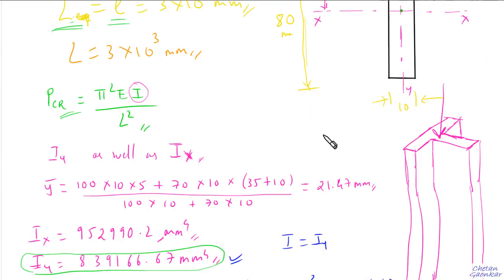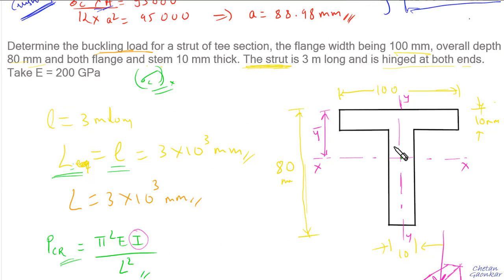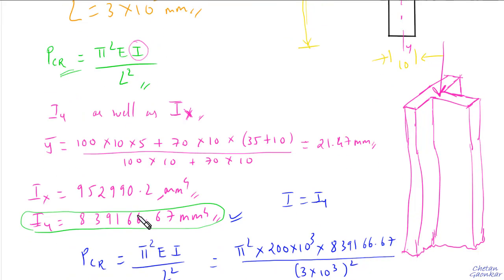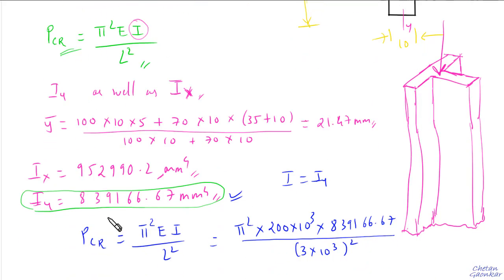The second point is that whenever we have sections which are not symmetric about both the axes, and the Ix and Iy values are different, then while finding the critical load value, we have to take I such that the minimum of Ix and Iy is our I. In this case, Iy was the minimum value, therefore we took that value, because it can buckle either this side or this side.